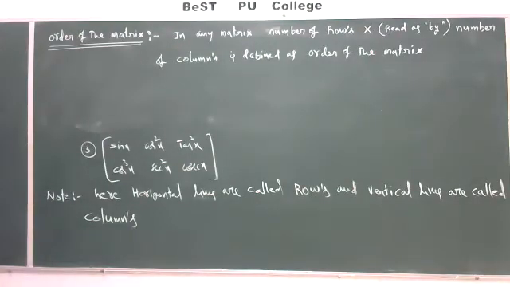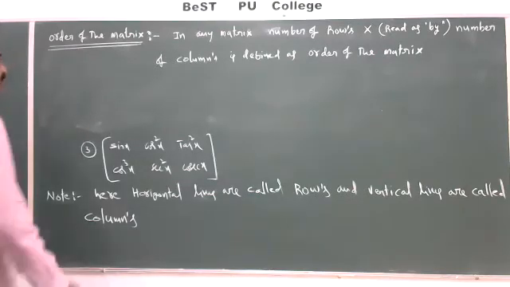In any matrix, number of rows by number of columns is defined as order of the matrix.